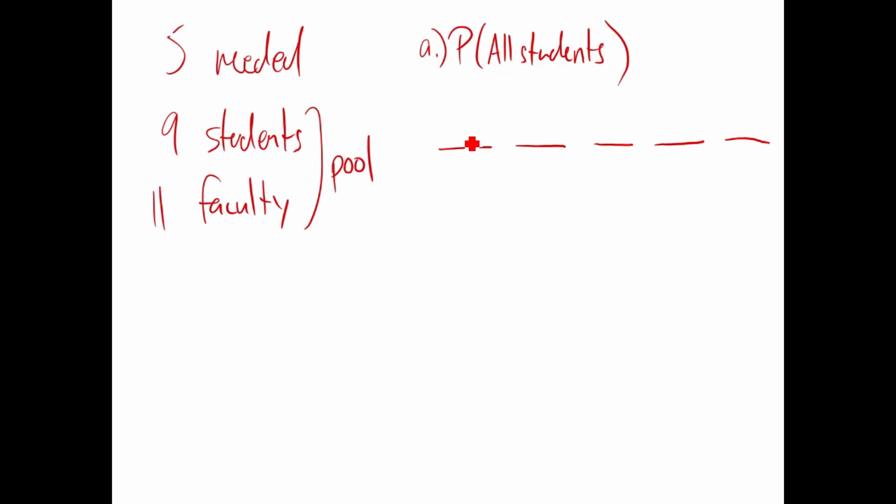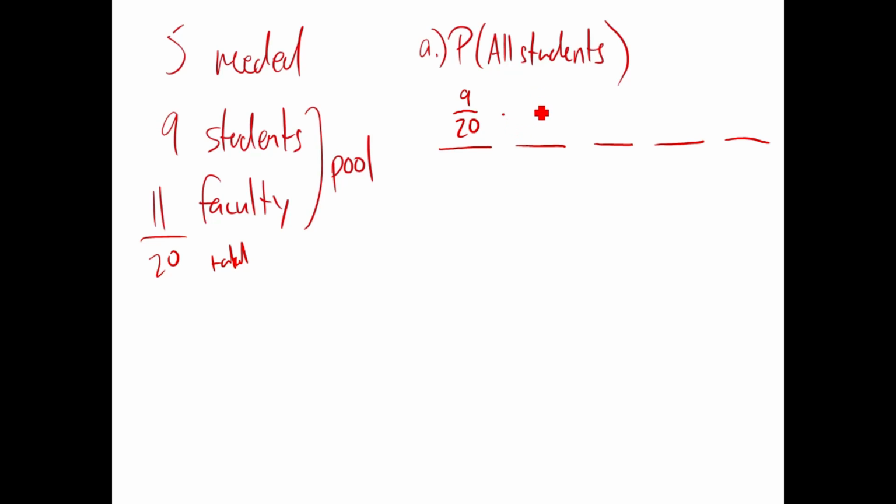Let's think about picking them one at a time, right? What's the probability of picking this student as your first person? There's 9 students out of how many in your pool? Right? So you could think there's a 9 in 20 chance of getting that first student.